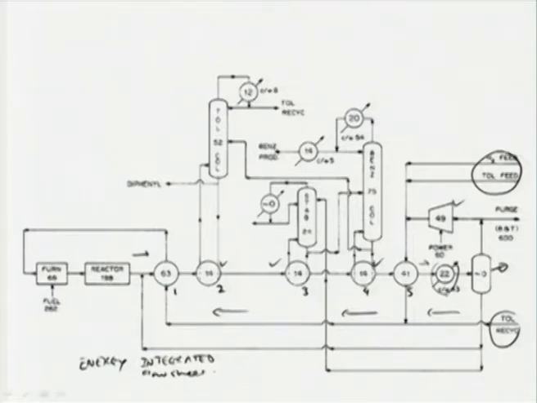What you see inside the boxes or circles is the annualized capital cost of that particular equipment, and what you see attached to the different streams is the operating cost. For example, for the power required for the compressor, the total operating cost over here is $60,000.